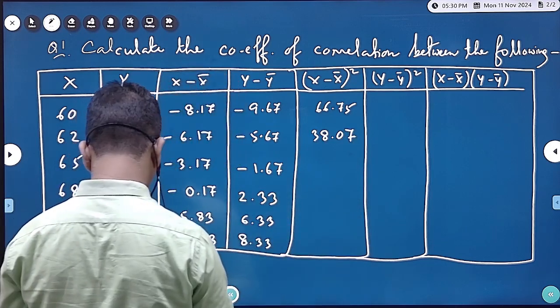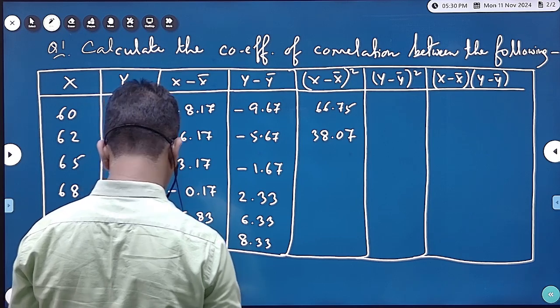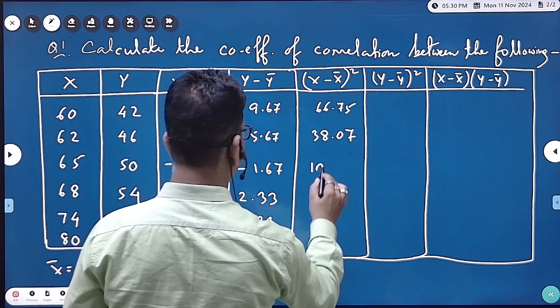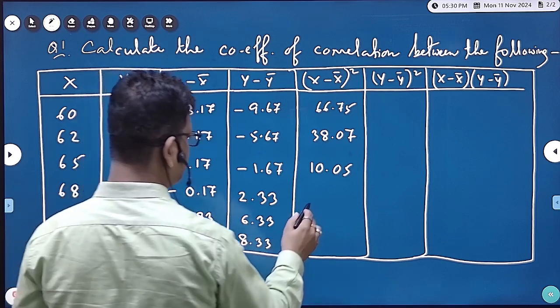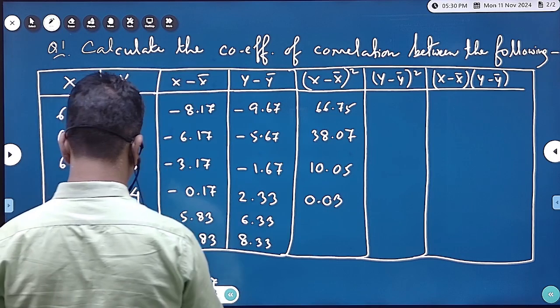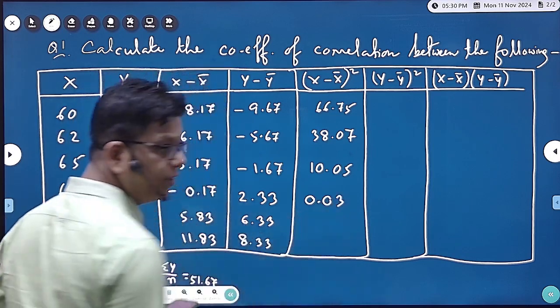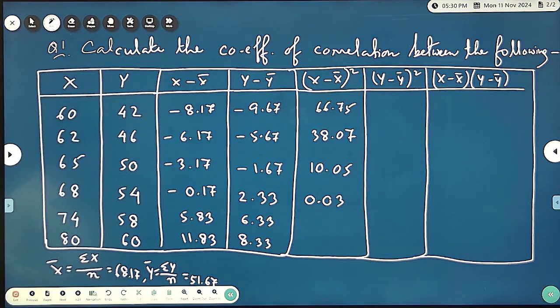So next 3.17, 10.05. Can you say the next? 10.05, 0.03, correct? 0.03. Okay, we are rounding to 2 digits. Any question? Okay. Say.